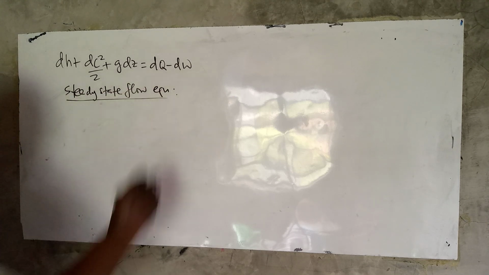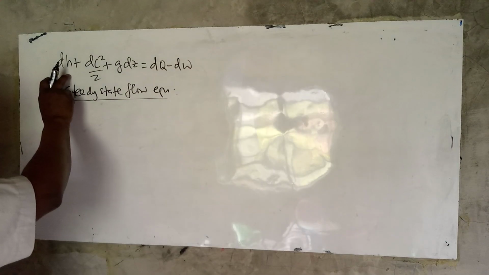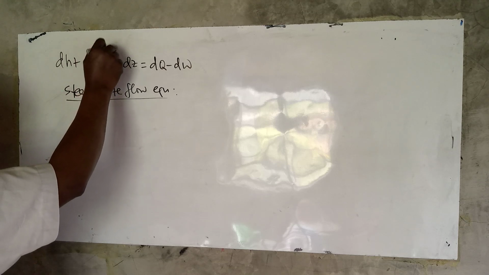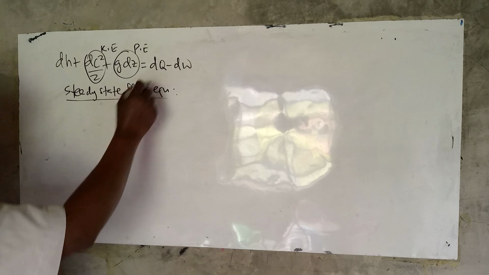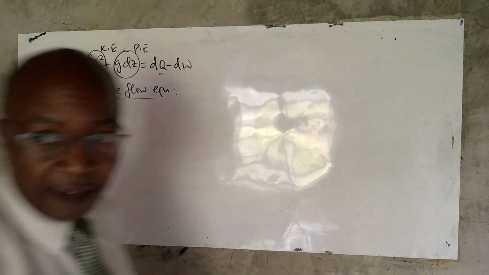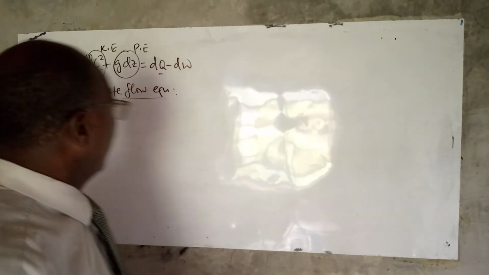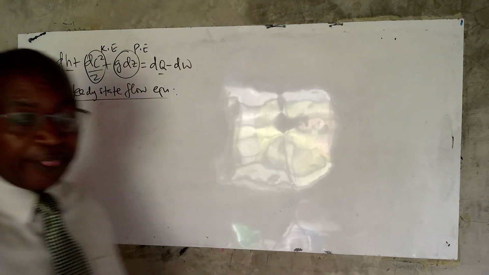Very important for us to remember that. In this particular case, remember that this represented the kinetic energy expression, and this represented the potential energy expression. And of course, Q and W have their usual meaning, that is Q is heat and W is work, and of course dH represents the enthalpy.